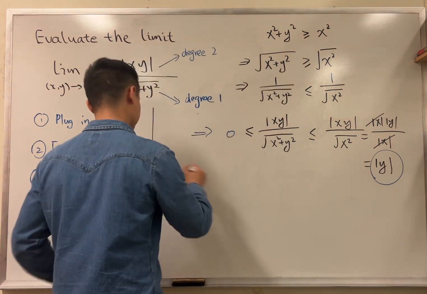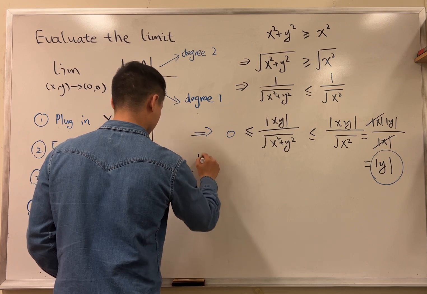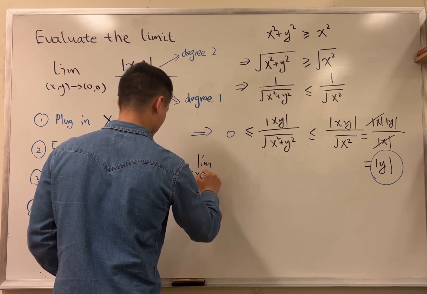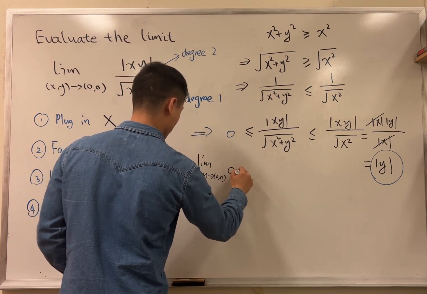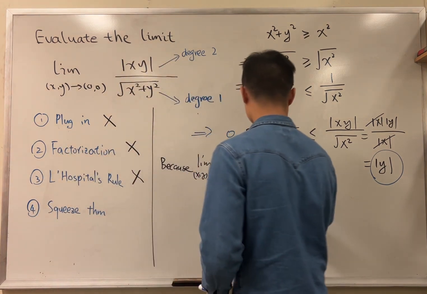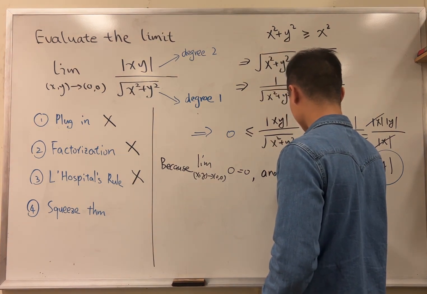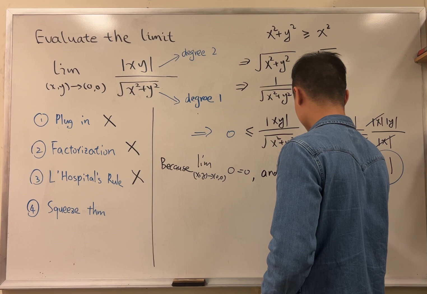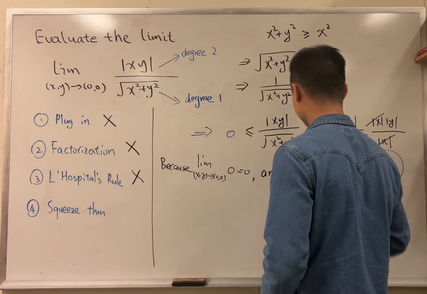So write that out, because the limit as x, y approaches 0, 0 of the constant function is going to be 0, and for the other function, absolute value of y is also 0. Okay.